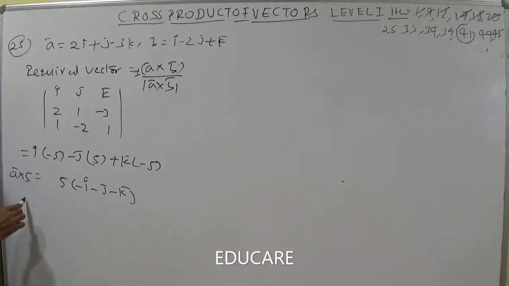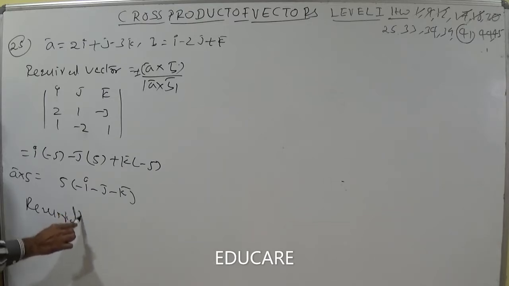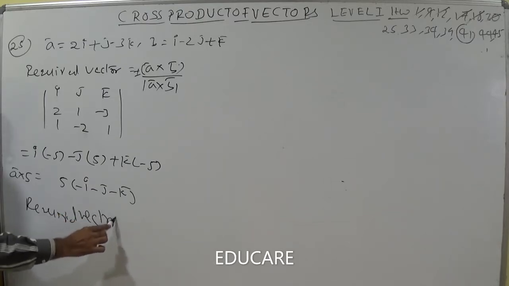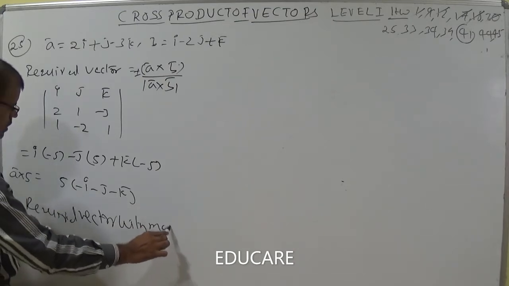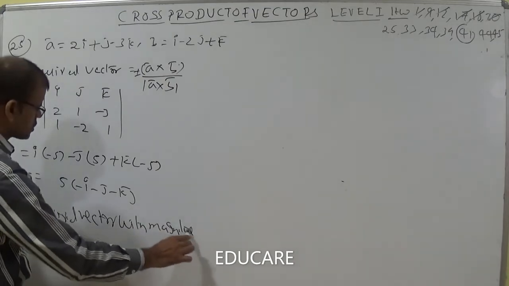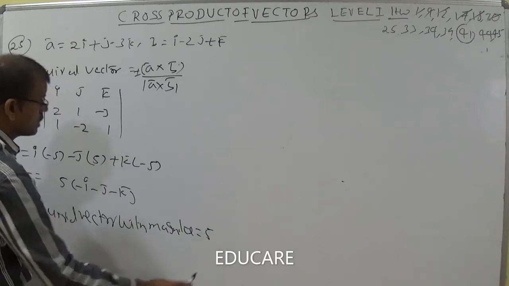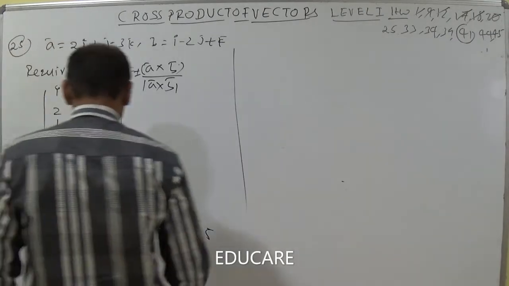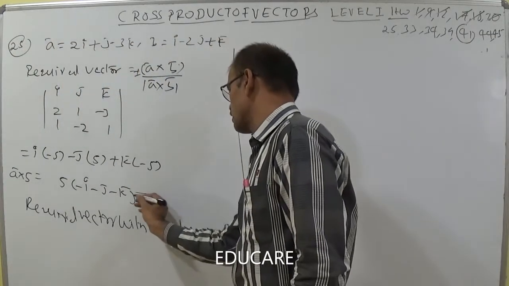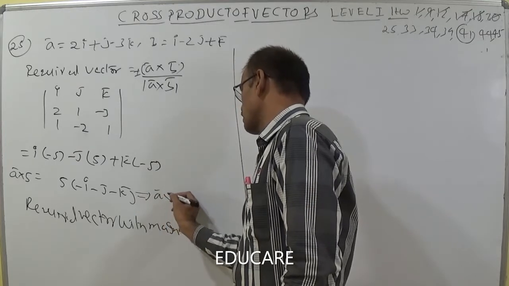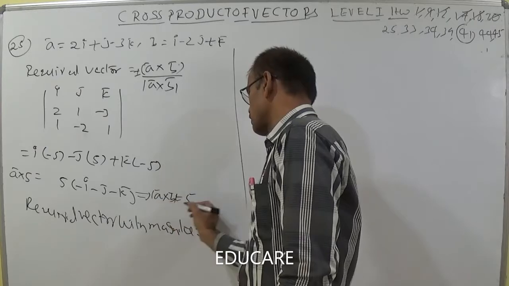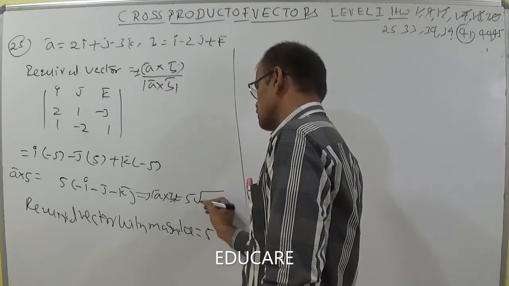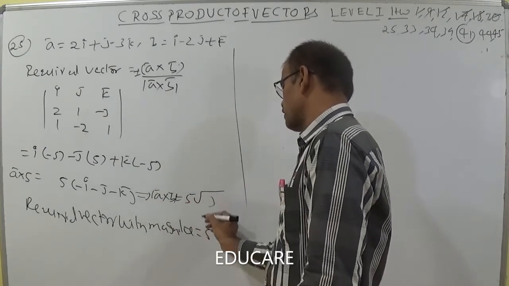Required vector. I want to discuss with you: the required vector is given with magnitude 5. Generally, a bar cross b bar is equal to the modulus of a bar cross b bar, and mod a cross b equals 5 root 3.